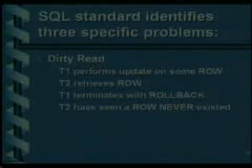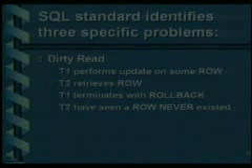What are the related SQL standards? SQL standards identify just three specific problems. They are dirty read, which is when T1 performs some update on some row, T2 retrieves the row, and T1 terminates with rollback, so T2 has seen a row which never existed. In fact, let's not go into the details of these three problems.